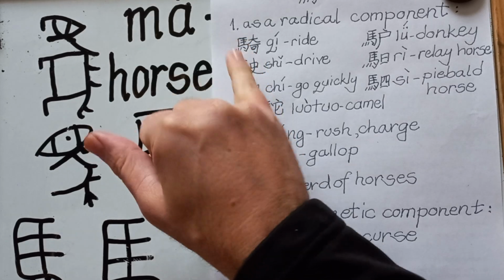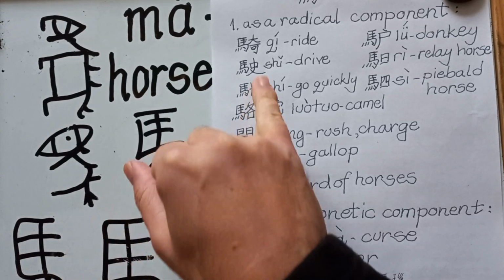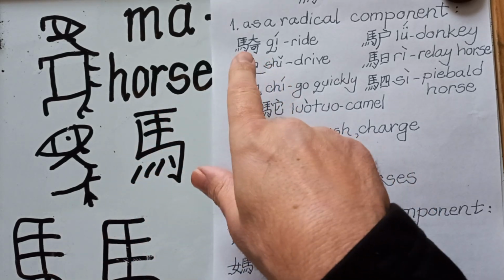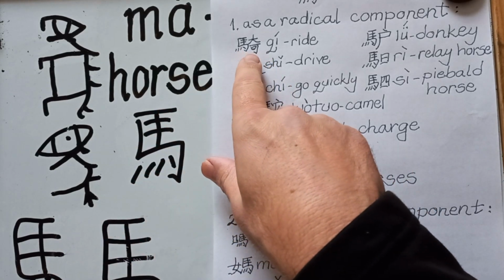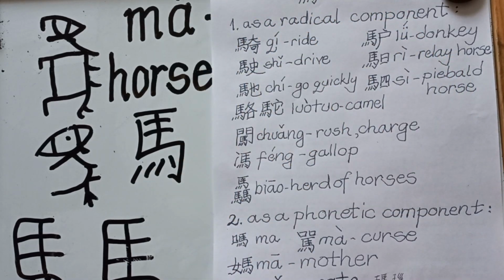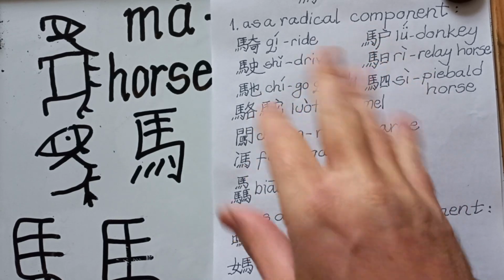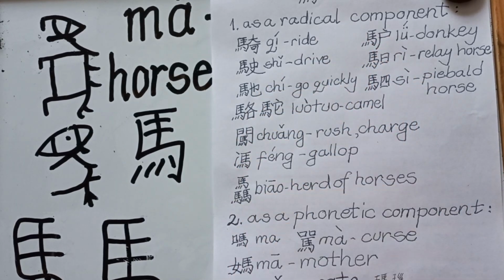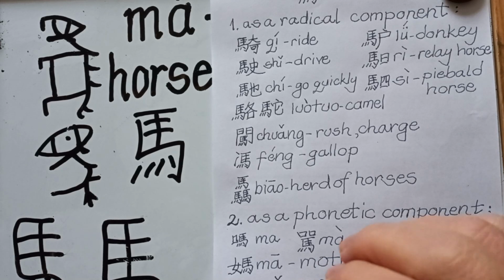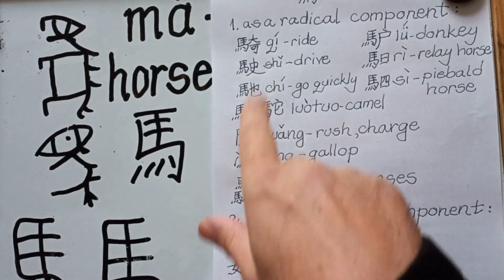All right, so let's read together these characters where the radical Ma is a component. So, mind you, Ma as a radical appears in many combinations. The list I have compiled here contains only the most frequent characters containing Ma as a radical.